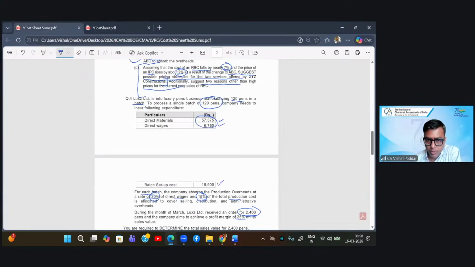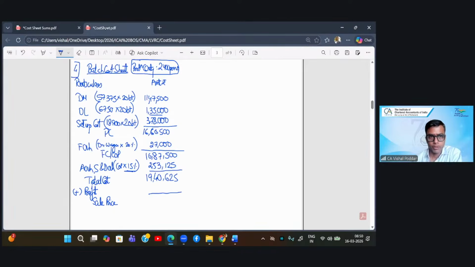How much is the profit margin that you expect to earn? 25% of sales. So if it is 25% of sales, it is 1/4. So it will be 1/3 of cost, correct? 25% of sales is 1/4 of sales. So 1/4 of sales is 1/3 of cost. So we'll take 1/3 of this.